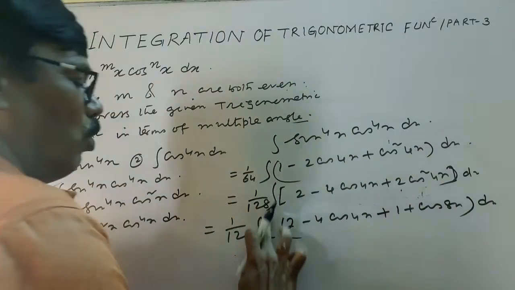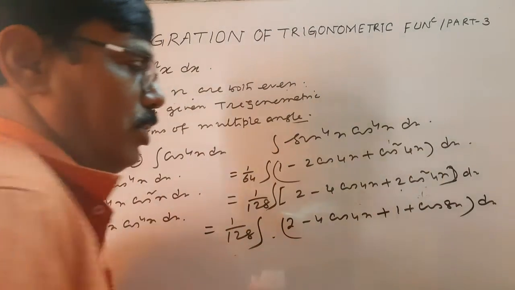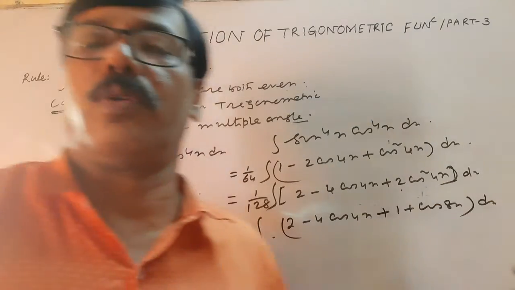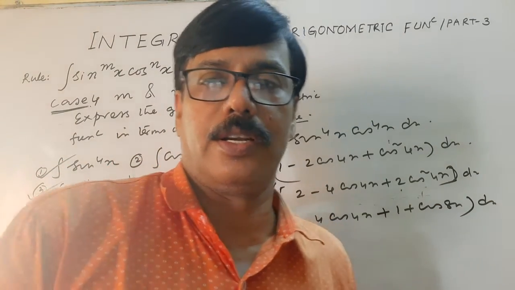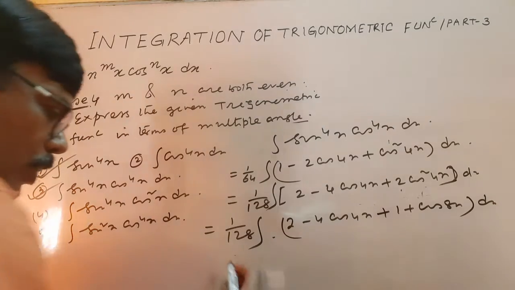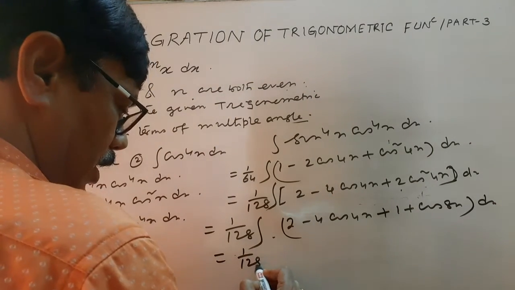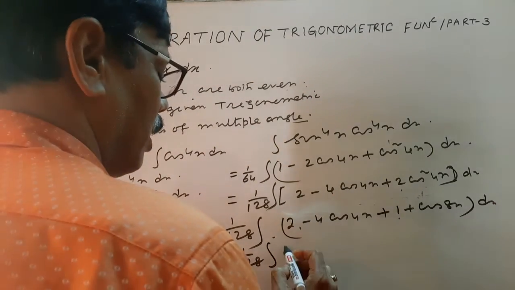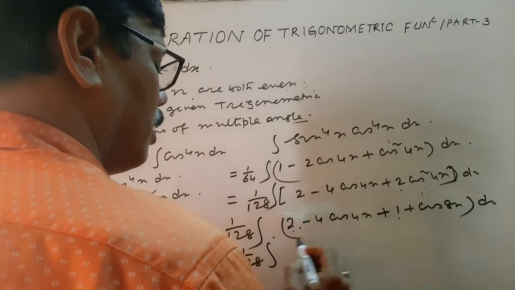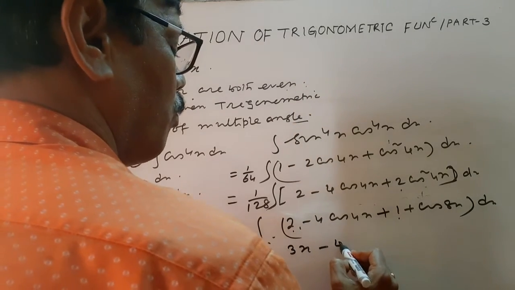Now look, all are in standard form. So we can integrate it term by term. So 128, so 2 plus 1, 3. So integration of 3 is 3x. 4 unchanged.